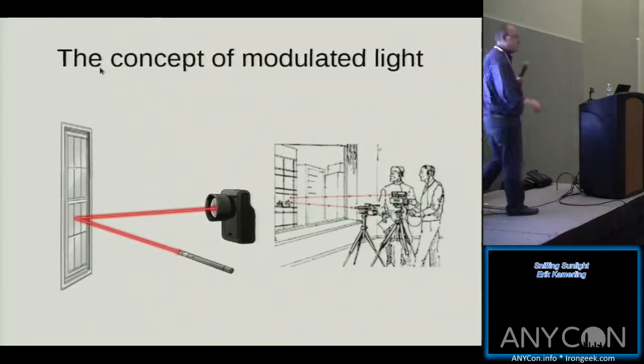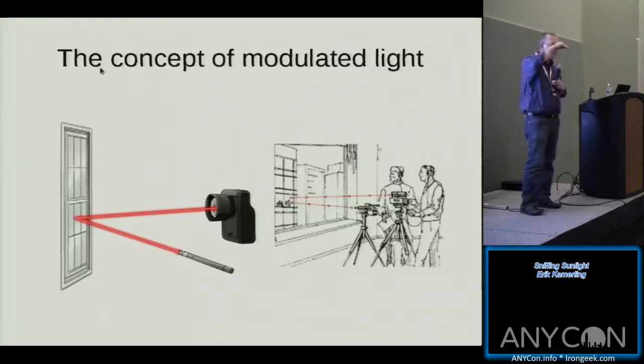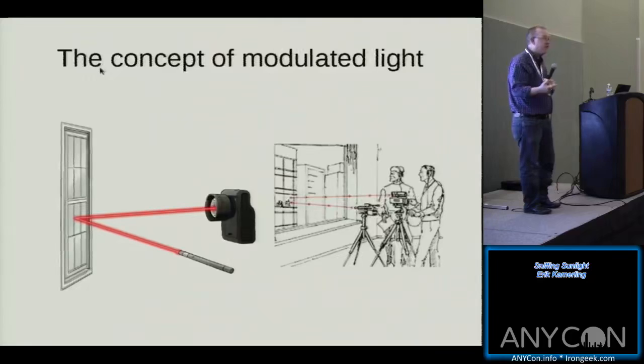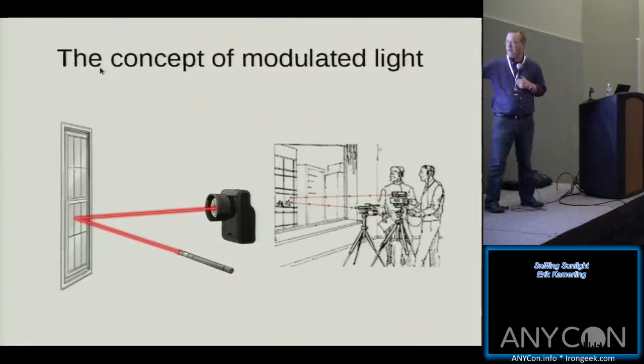The photoreceptor then turns that modulated light back into an electrical signal, at which point you're actually capturing the audio that's happening behind that vibrating glass source remotely, okay? Very fundamental idea. And if you understand this idea, then this whole talk will make sense to you, and hopefully you'll find it interesting.